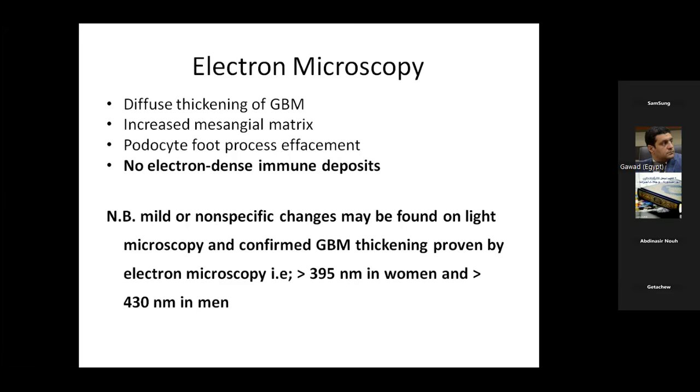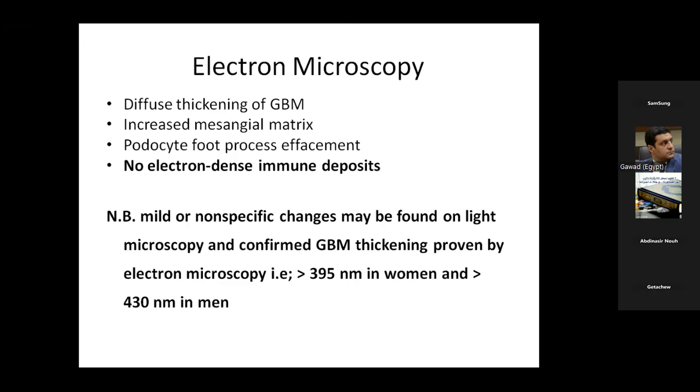What is an add-on for electron microscopy in these cases is that sometimes, and I have faced this in some cases, it's not uncommon for the light microscope to show no change, and by electron microscope we see diffuse thickening of the glomerular basement membrane more than the normal range for age and sex.